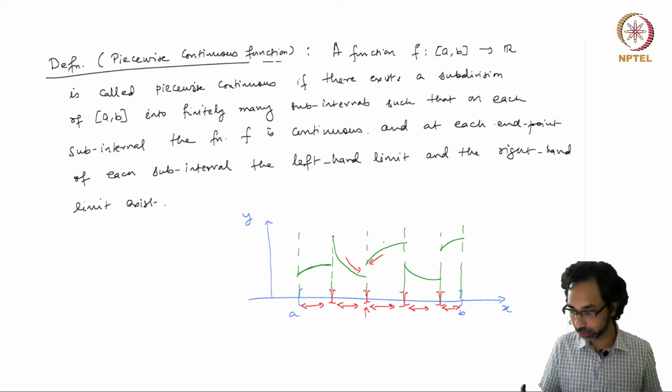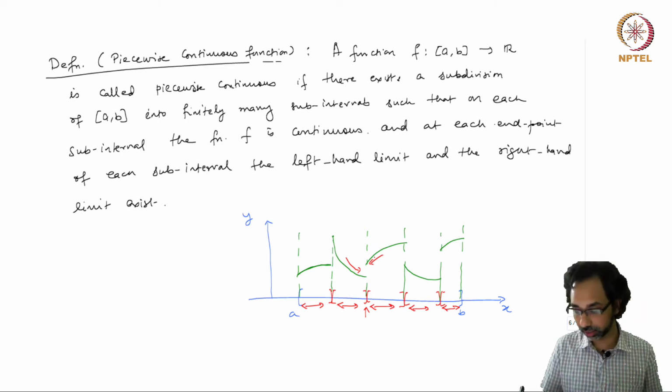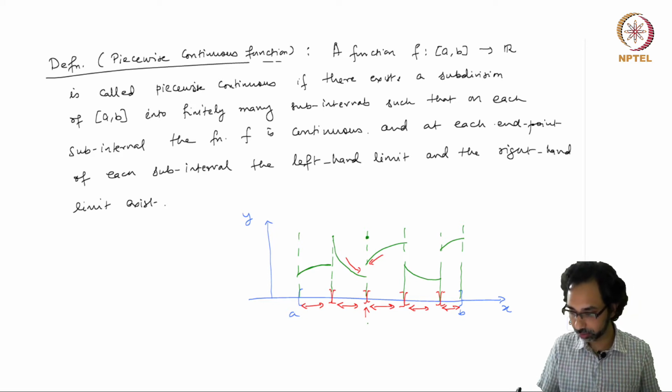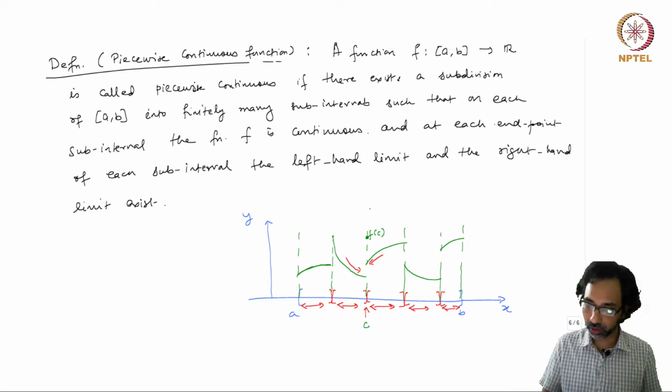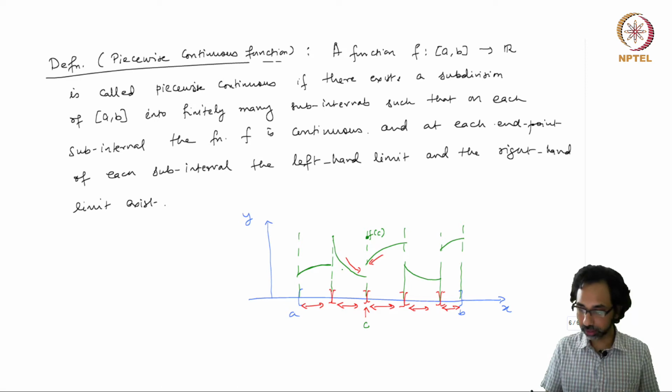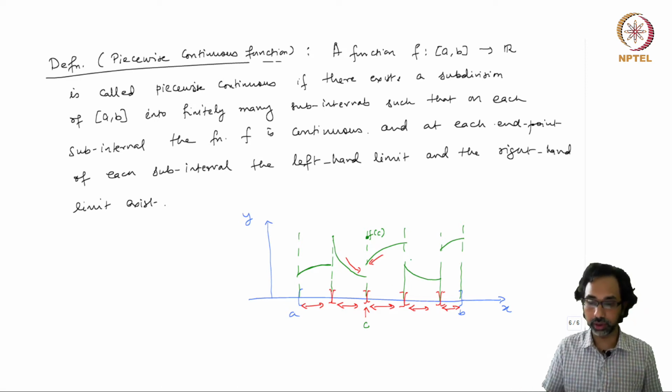So first of all, the left hand and the right hand limits may not be equal, and they may not be equal to the value of the function at this point, which may lie here. So if this point is c, this can be f(c), and this is the left limit and this is the right limit, and all three are different. Still the left hand and the right hand side limits exist, and this is all we want for a piecewise continuous function.